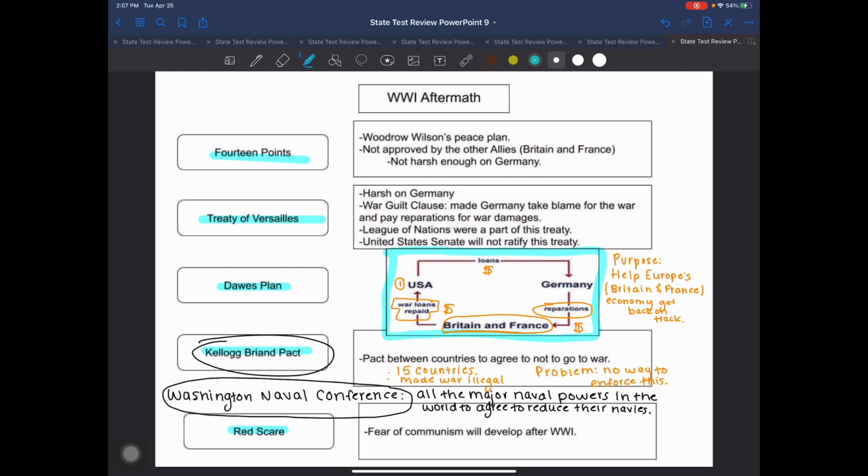And we actually start to see some things go on in the United States that when we looked at what happened in Russia right before they turned communist, those same exact things are happening in the United States. So there's actually going to be a genuine fear that there is going to be a potential communist revolution take place in our country. But a little bit more details on that in our next unit.